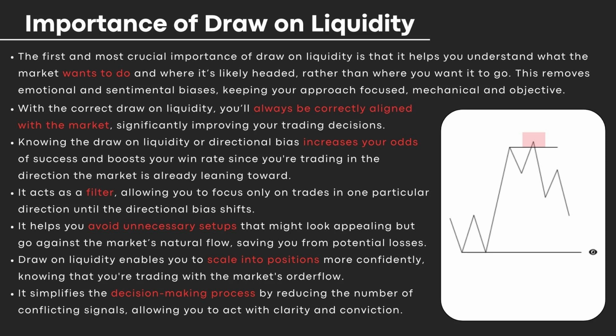Now, I myself don't take any partials or scale into positions because I'm an intraday trader and I get in and get out within a day as soon as possible. But if you are a swing trader or a trader who scales into positions, right? Then drawn liquidity significantly helps you with that too. If you have your directional bias correct, then you can put your stop loss at protected highs and lows and scale into position whenever you want.